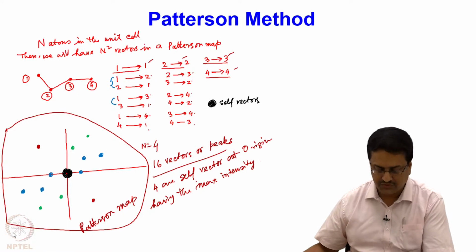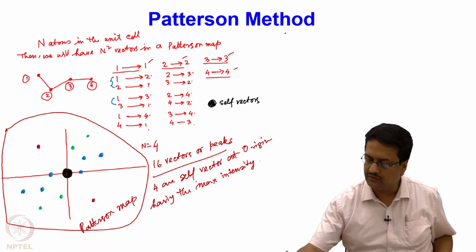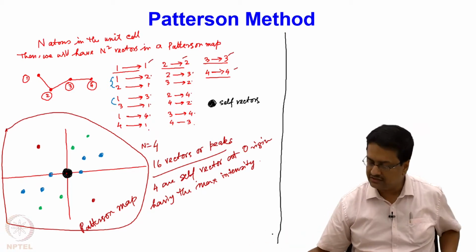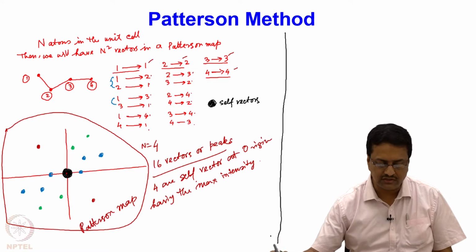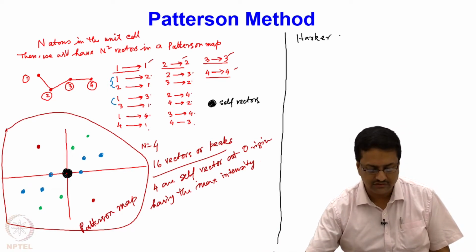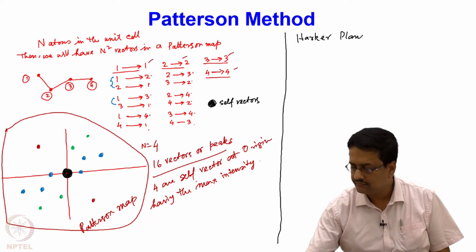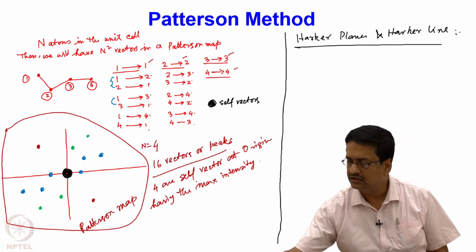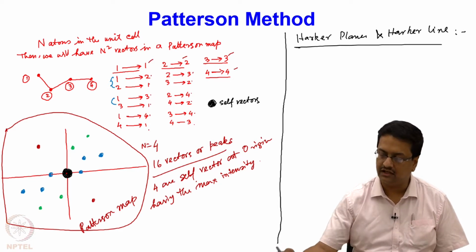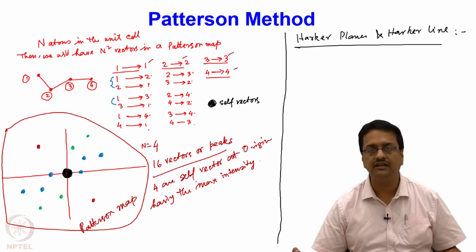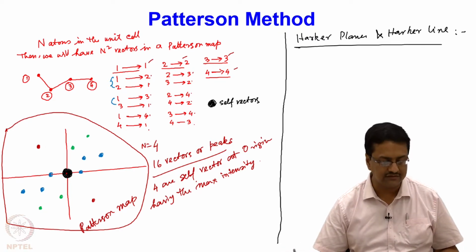There are some useful features in this Patterson map. We have a few lines and planes which are of particular interest to us. These are called the Harker planes and Harker lines, where these vectors are located, that is, the locations of u, v, w are on those planes or on lines.